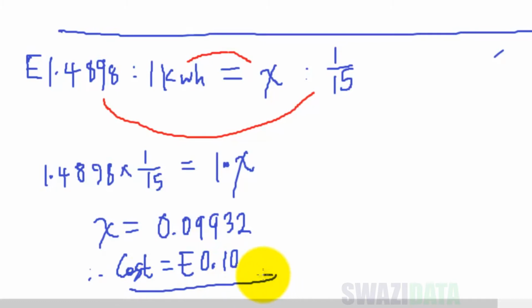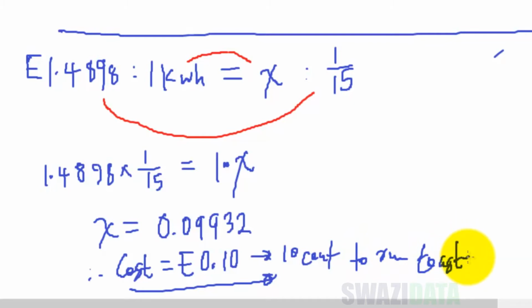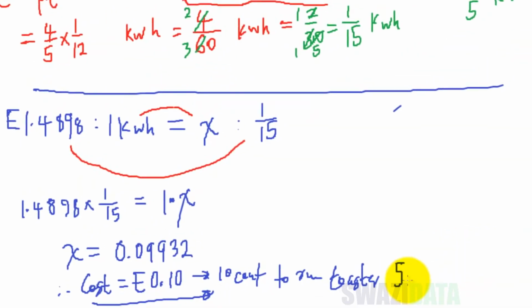So that's the cost, 10 cents, to run the toaster for 5 minutes.